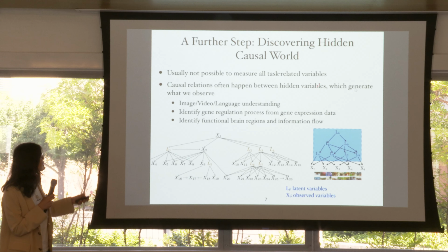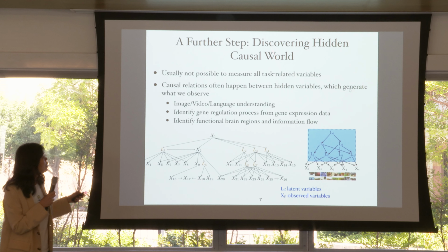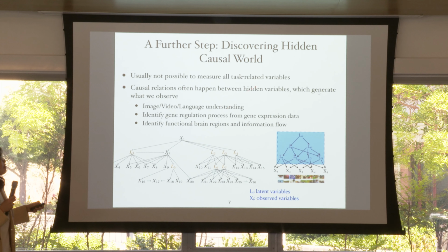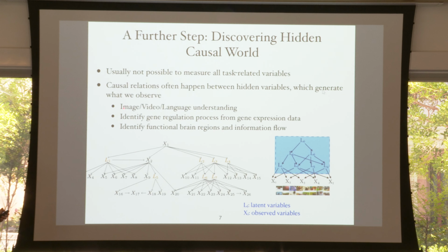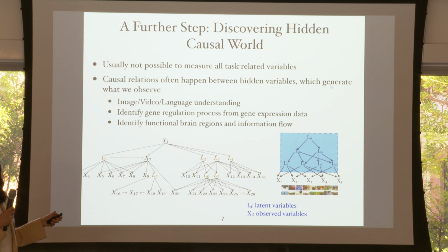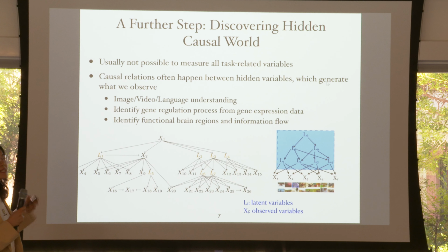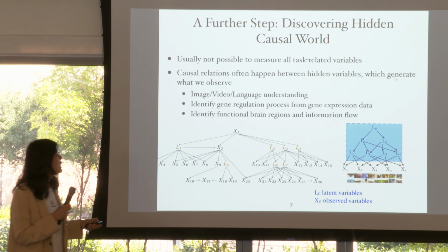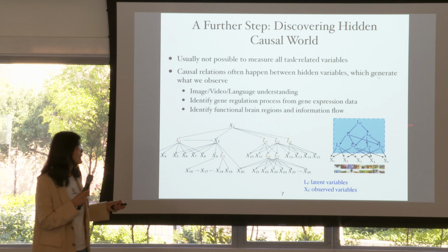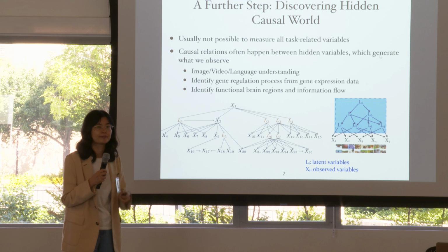Here I illustrate three tasks, which show why it's important to discover the hidden causal world. One is that it could be essential for image, video, and language understanding. Basically, by learning the underlying causal factors or concepts behind our observed images or languages, it's essential for image generation, for understanding, as well as for various downstream tasks like prediction and decision-making.